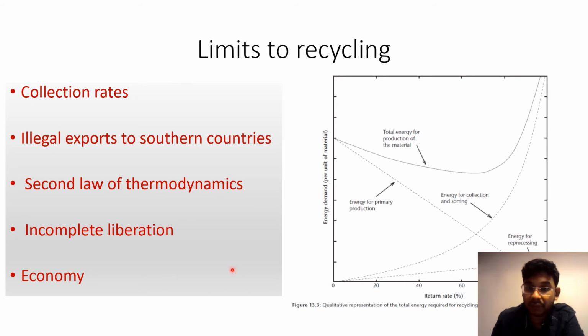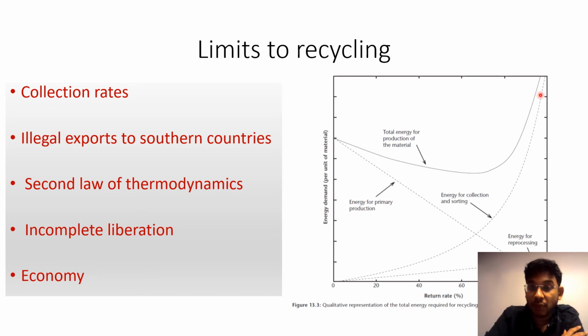That is also because you have complex waste and the volume of the waste increases, which means that the energy for reprocessing also increases with the recovery rate or recycled content. But see here something happening with energy for collection and sorting. First, you have this normal linear increase, after which you have some sort of exponential increase with increase in return rate, with increase in recycled content.